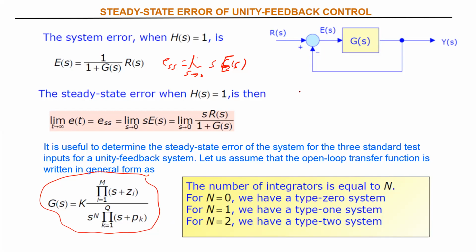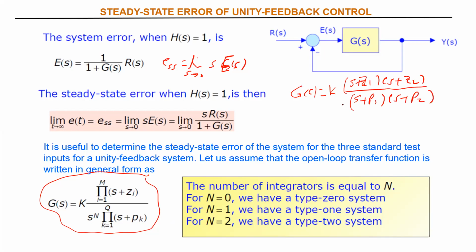For example, let's say G of s equals K, for a second order system, (s plus z1)(s plus z2) over (s plus p1)(s plus p2).